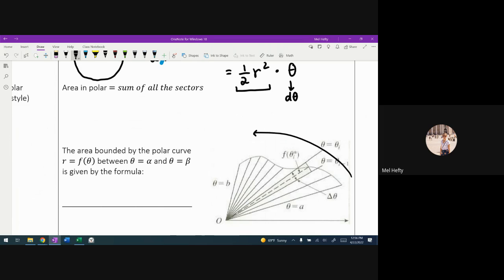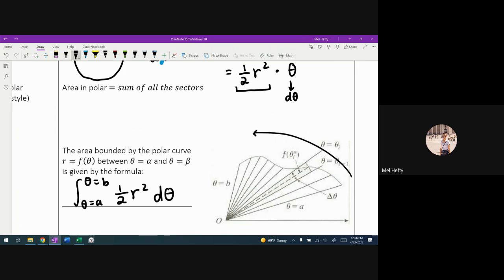That 1/2 r squared is going to be in every single integral we do today. So if we were going to write down our integration formula, we're going from theta equals a to theta equals b, and we're going to do 1/2 r squared d theta. Again, the d theta is coming from the fact that we're adding up a bunch of these skinny little pizza slices, integrating that so we get our area.